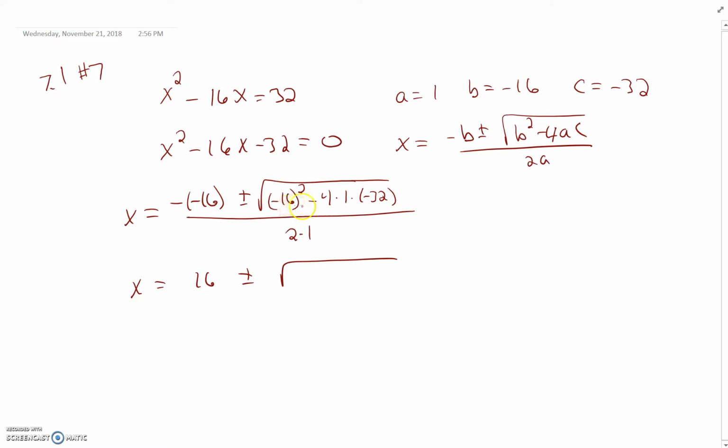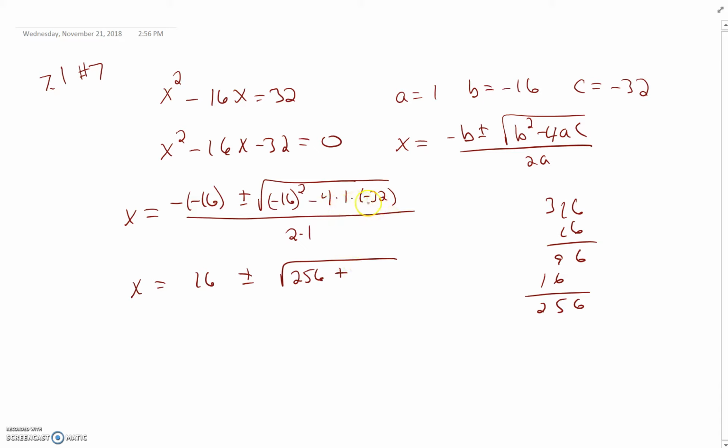16 squared, I think that's 256. Yeah, 256. Minus, the negative becomes plus 4 times 32.